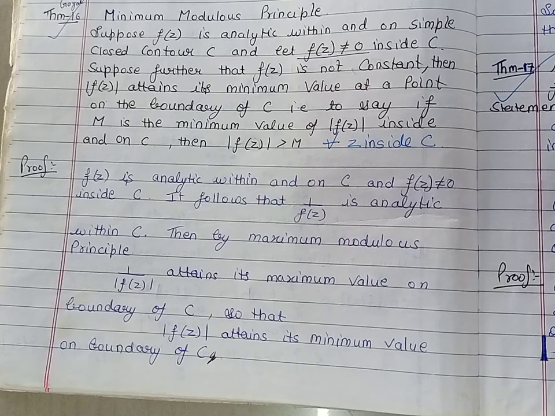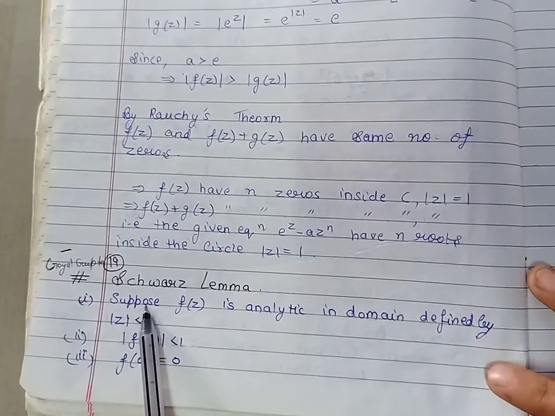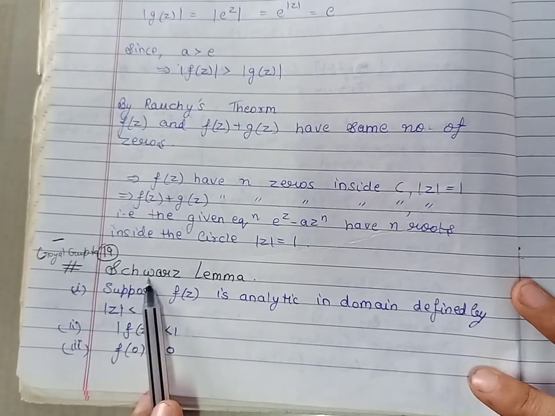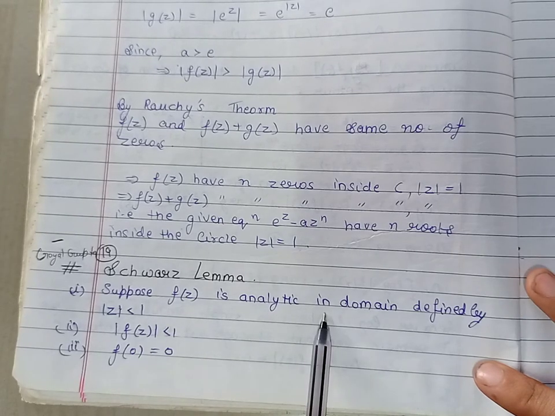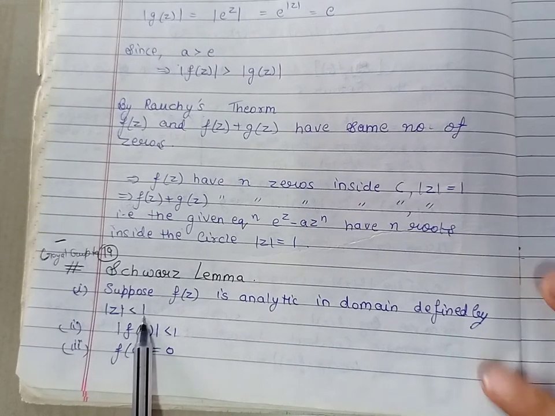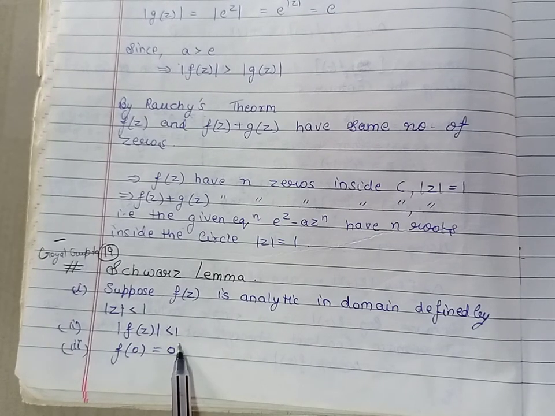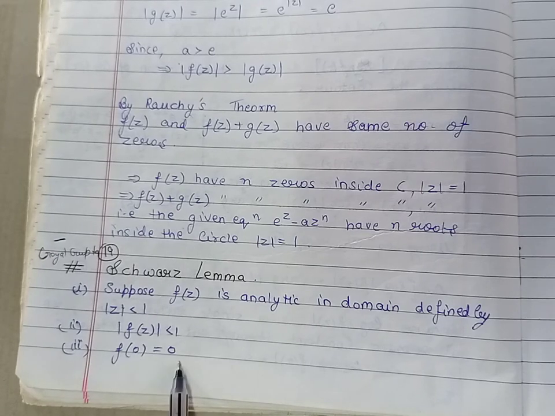Now next there is an important lemma which is called Schwarz lemma. Now we discuss this lemma. According to this lemma, if we are given an analytic function in a domain mod z less than 1, and mod of f of z is also less than 1, and the value of function f at z equal to 0 is 0.